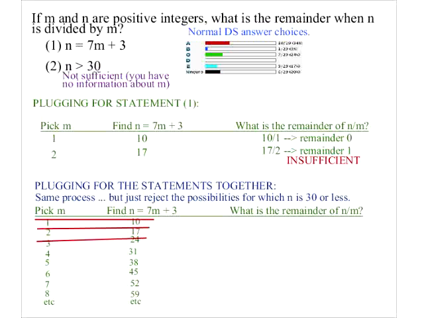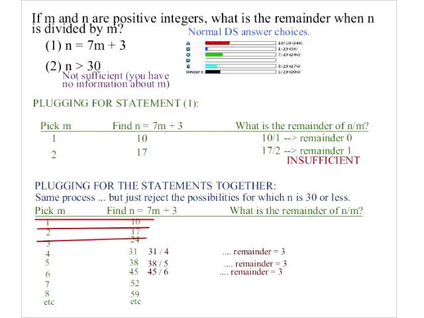Here you've got 31 divided by 4. That gives a remainder of 3. This is going to be 38 divided by 5. That remainder is 3. That's going to be 45 divided by 6. Remainder still 3. 52 divided by 7.